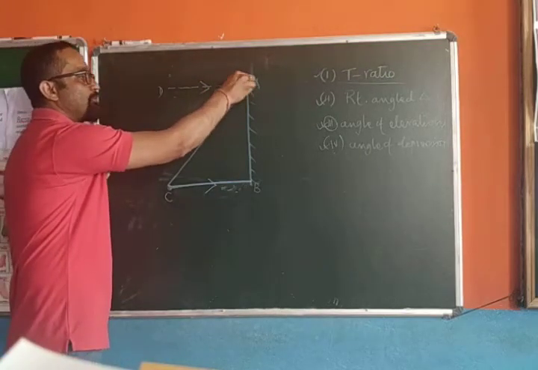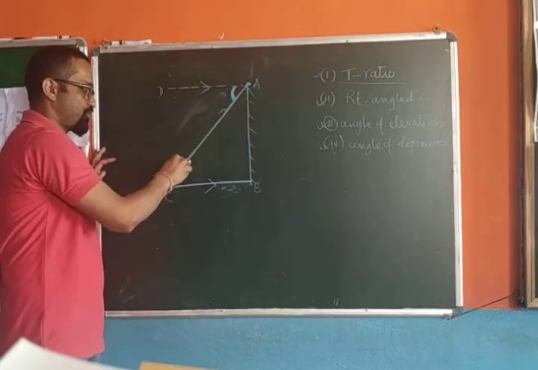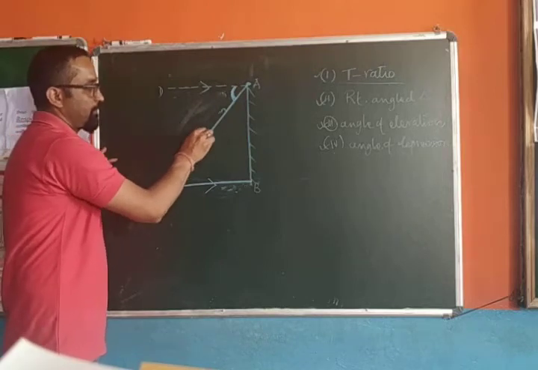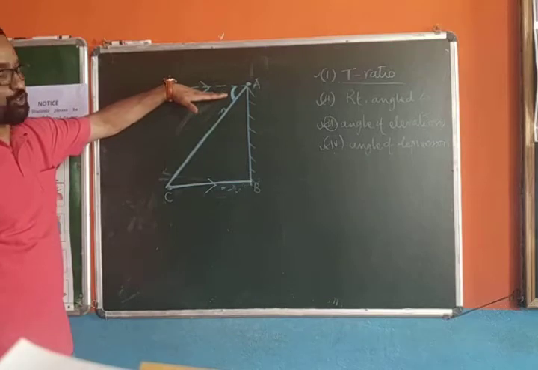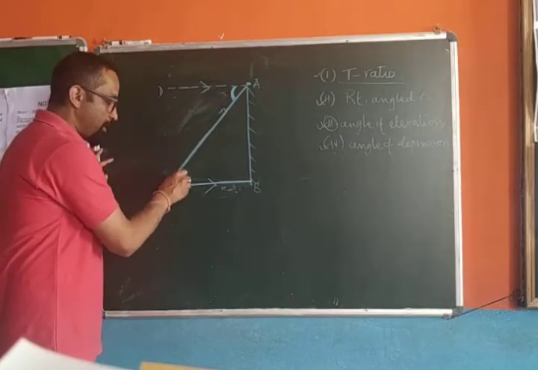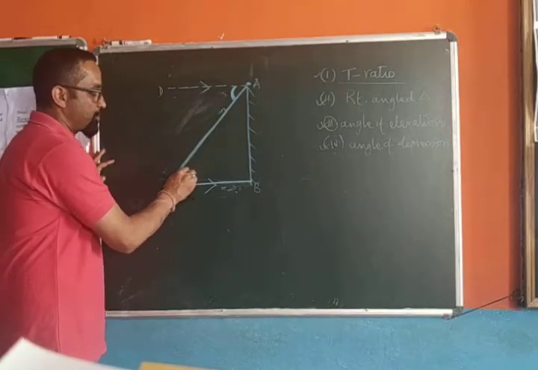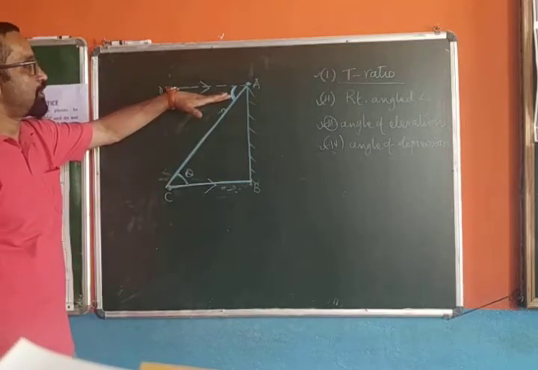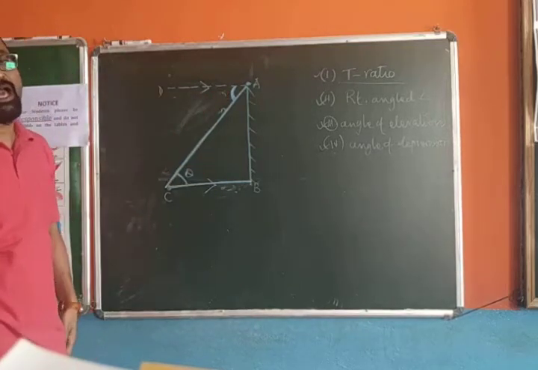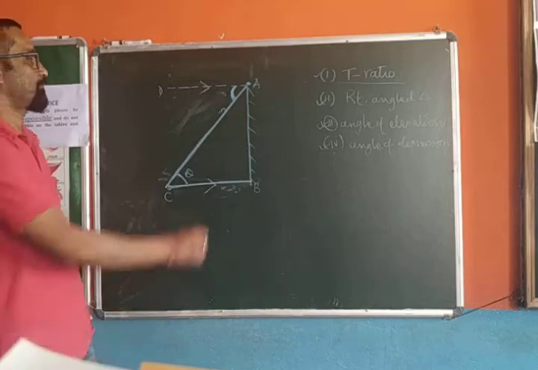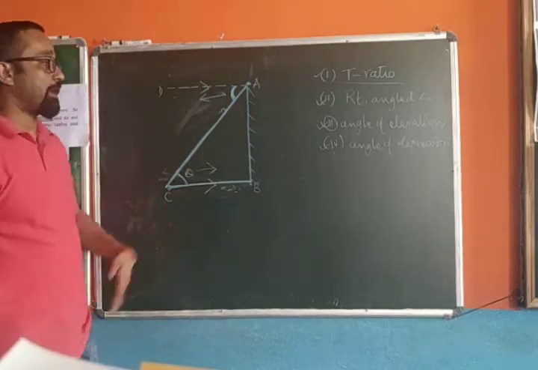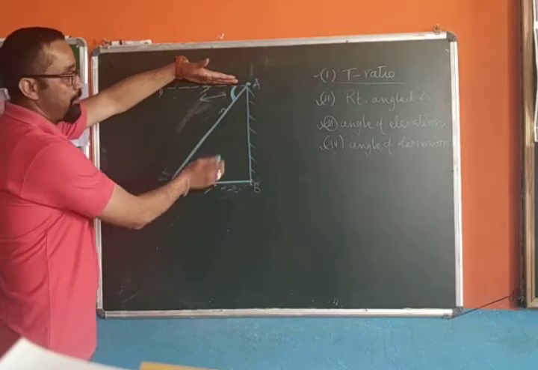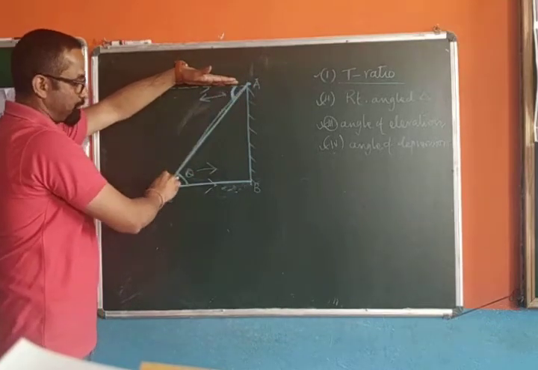And this line of sight is called a transversal. And the angle of depression will be equal to the angle of elevation, because alternate opposite angles are equal. These two angles are alternate opposite angles because the lines are parallel and cut by a transversal.